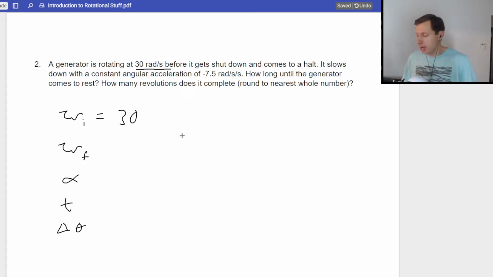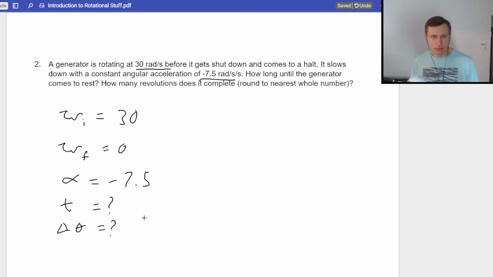So I know omega final is going to be 0. Alpha, they tell me it's negative 7.5 radians per second squared. I'll ignore the units right now. And we want to find time, and we want to find delta theta. Okay, great. So again, we have 3 of our 5 variables, which means we can plug in and solve for time or delta theta. Let's start with time.